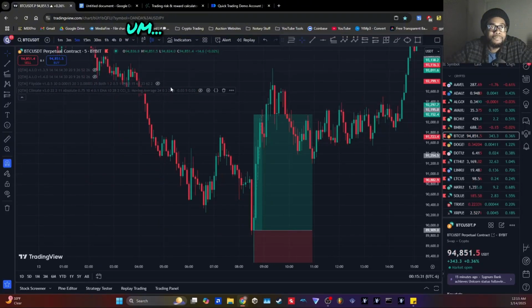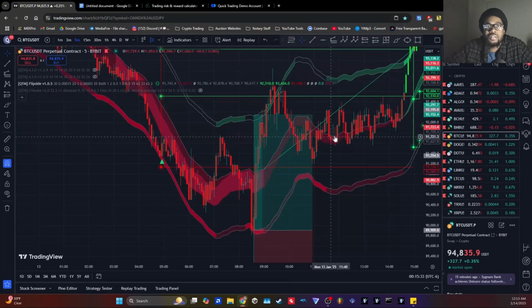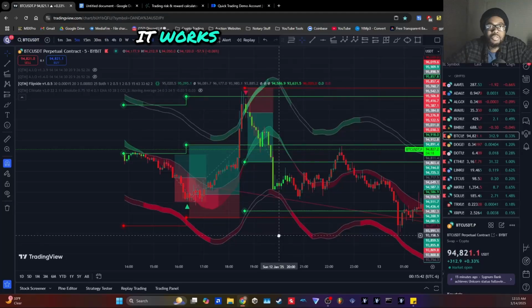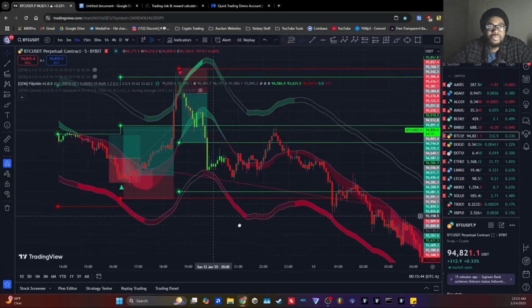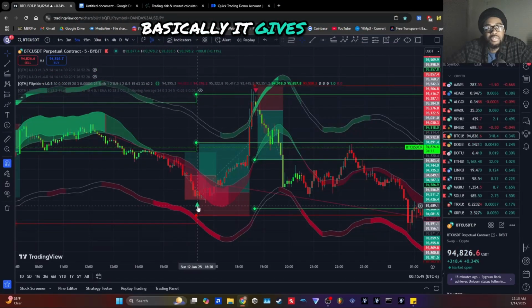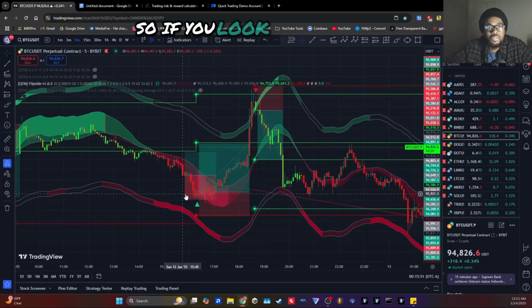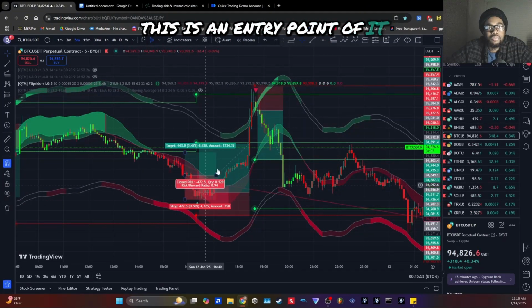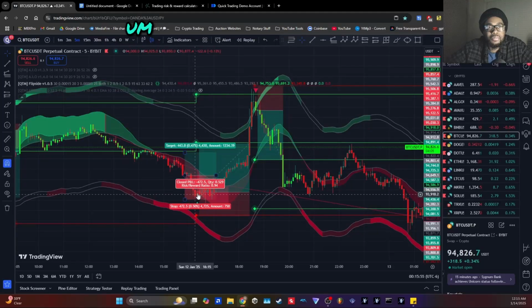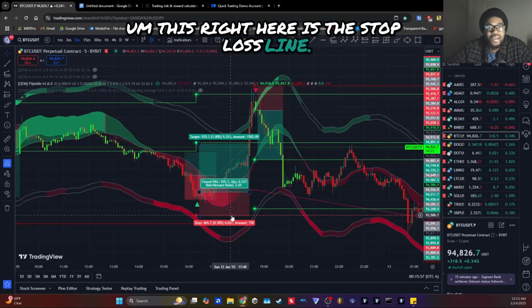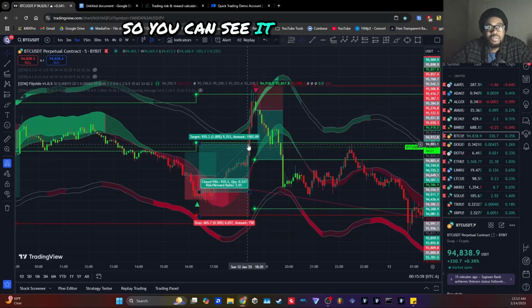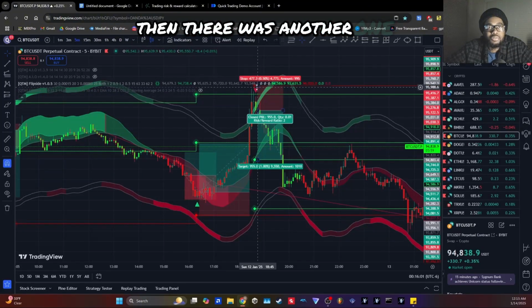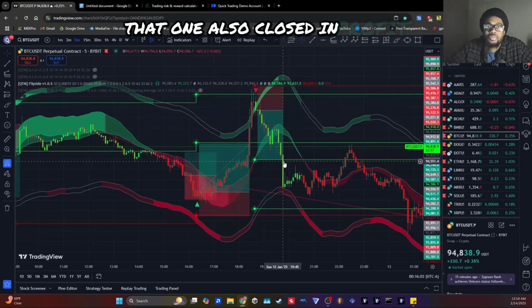I can give you guys a sneak peek. This right here is Flipside. It works pretty decently. Basically, it gives you entry points. So if you look at this right here, this is an entry point of it going up. This right here is the stop loss line. So you can see it went up and it went into profit. Then there was another one that was going down. That one also closed in profit as well.